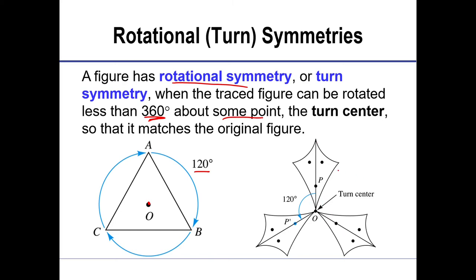Looking at this figure here, which consists of 3 leaves, if I rotate it 120 degrees, I would get exactly the same image. So this also has a rotational symmetry to it around this turn point O.